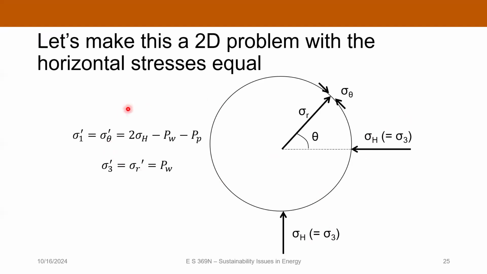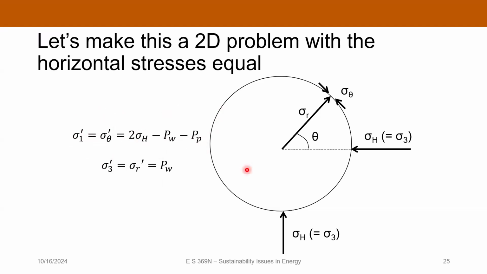So that means that at the borehole wall, we'll have the two principal stresses be the effective hoop stress and the effective radial stress. And we know that the radial stress is the wellbore pressure, and the hoop stress is simply going to be given by this expression here that we derived before.